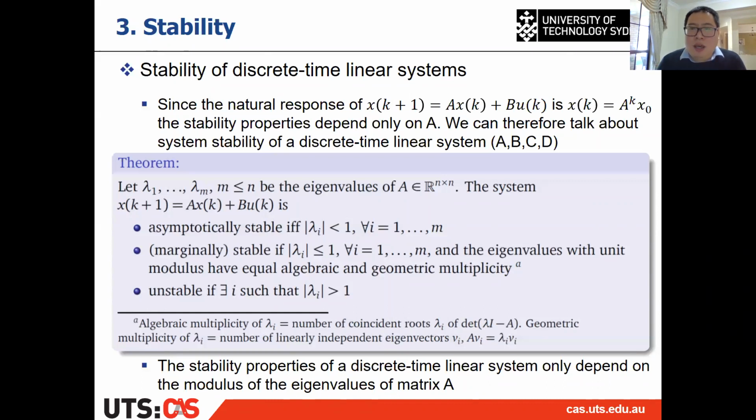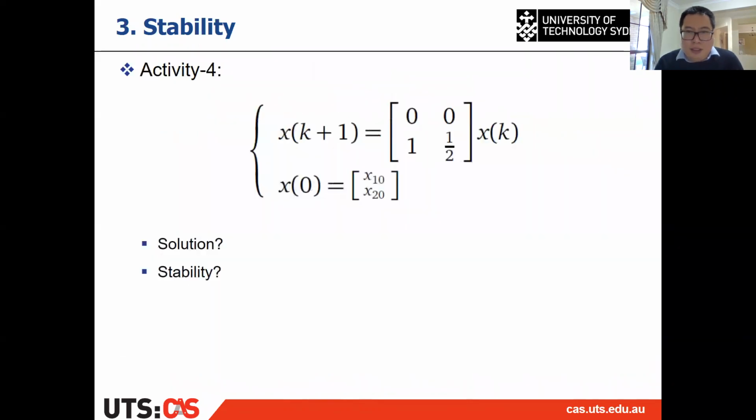If any eigenvalue is larger than 1 or smaller than -1, then the system is not stable. So that's the stability. It is a bit different.